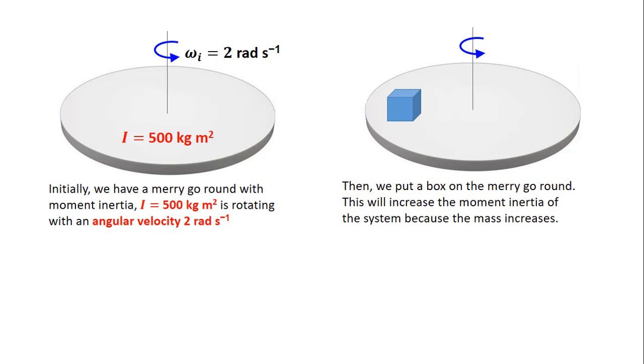This will increase the moment of inertia of the system because the mass of the system increases. Let's say now our moment of inertia I changes from 500 kg meter squared to 600 kg meter squared.